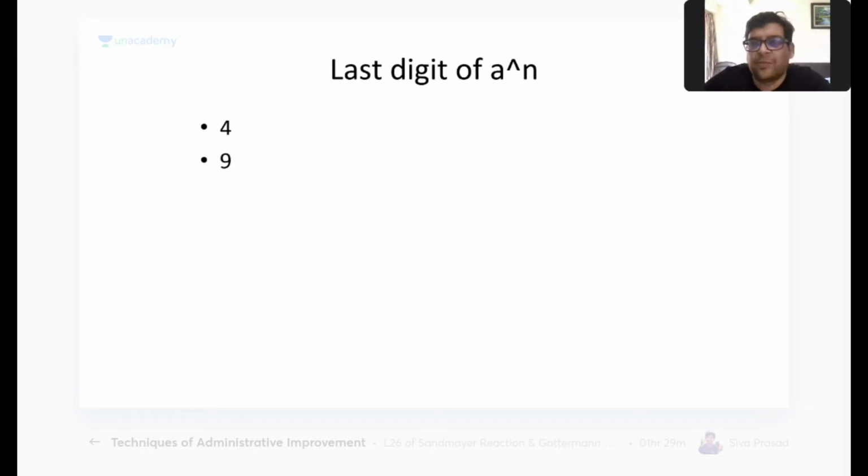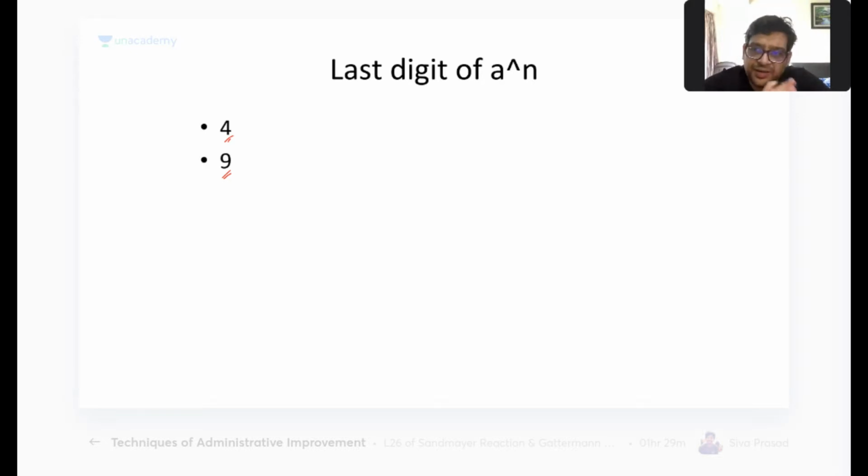Let's move on to slightly more complicated cases. What are you going to do when you have a number which ends in 4 or a number which ends in 9? These are the cases that we will need to be a little bit careful about. Varshit, would you like to give me a number?